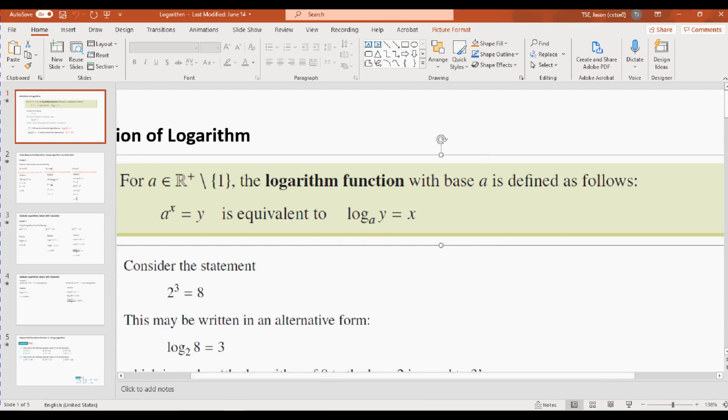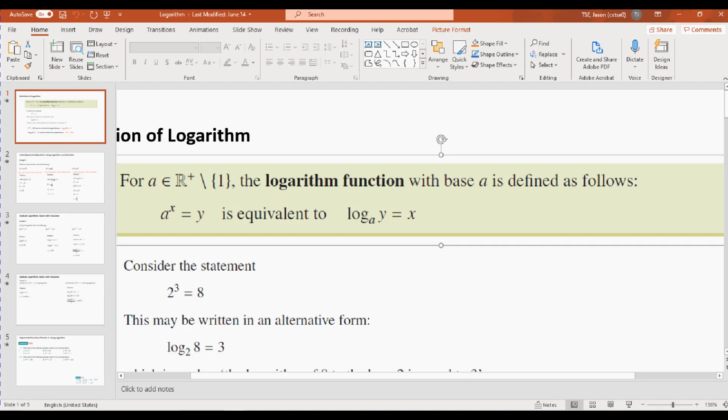We see that a to the power x equals y is equivalent to logarithm to the base a of y equals x. So these are the relationship. With the logarithm, you will get the index. That's the relationship between the exponential form and the logarithm form.